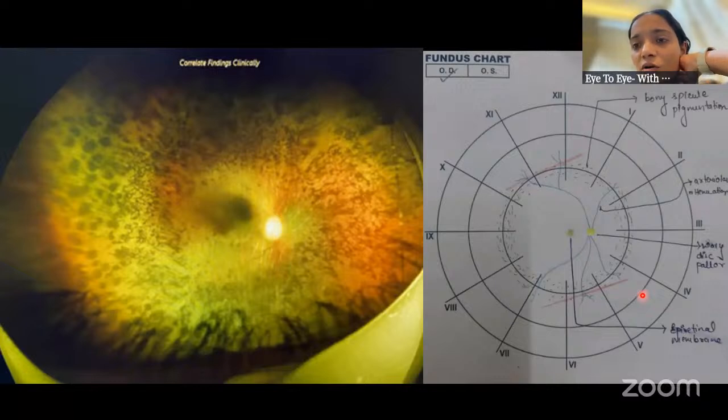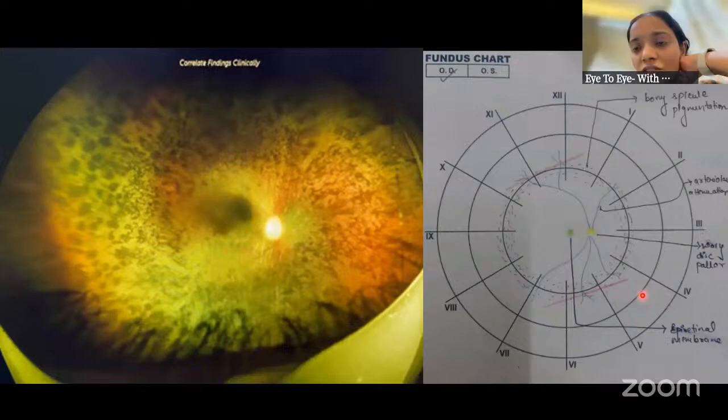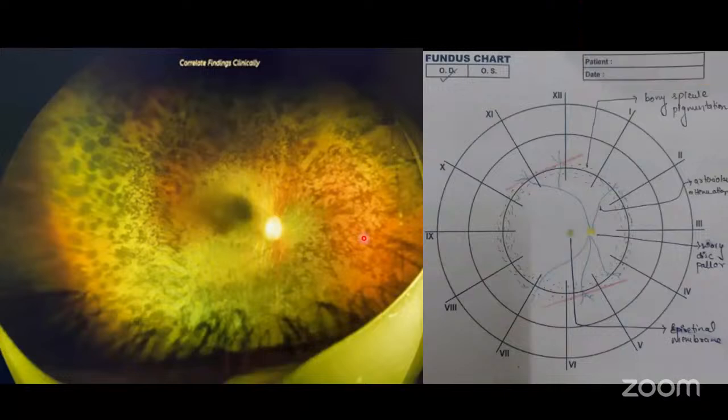So we talk about the AV ratio. What is the AV ratio? AV ratio appears to be 1:3. Okay. So you're saying that the arteries are attenuated and the veins are relatively normal.